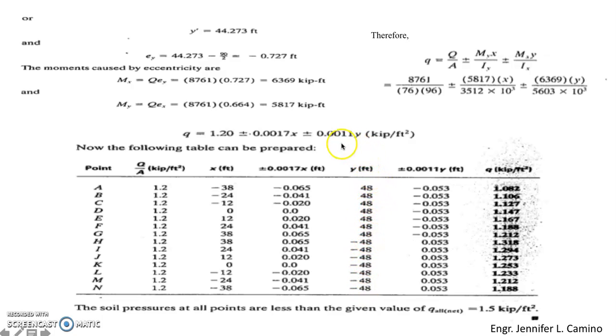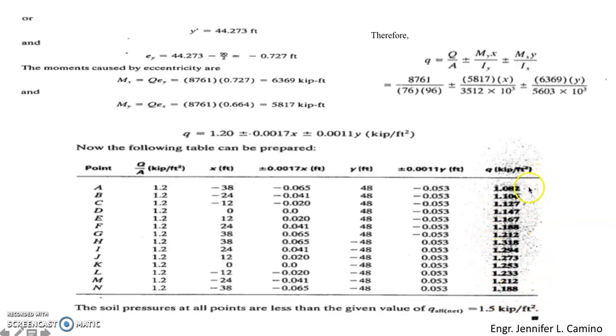Then you multiply that one by 0.0011, you have this equation. So basically, if we simplify this expression, you can have the value for Q, the soil pressure for each column, and you are having this numerical value.